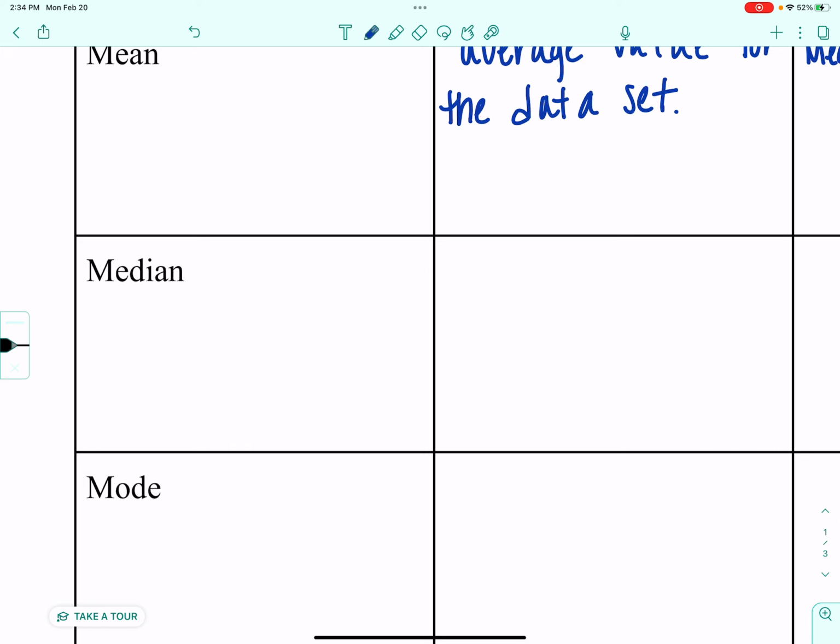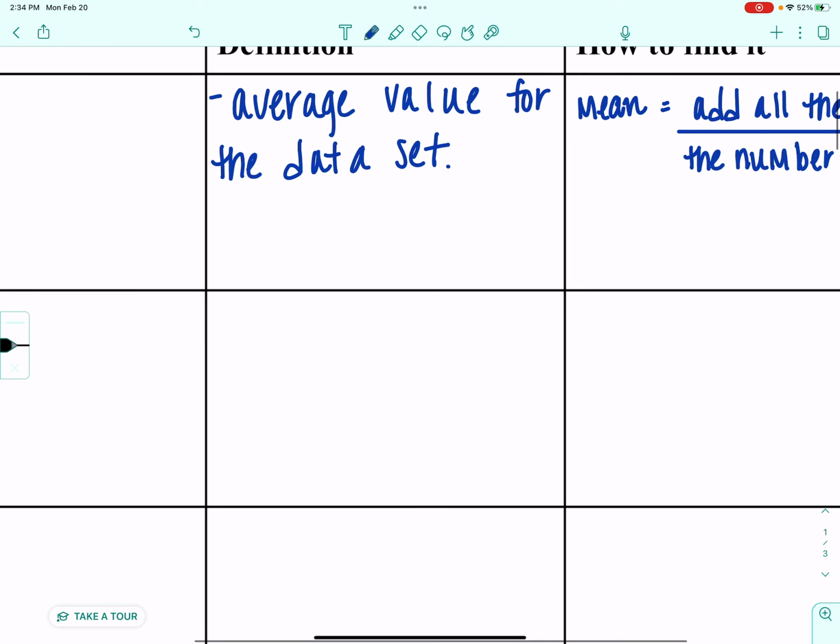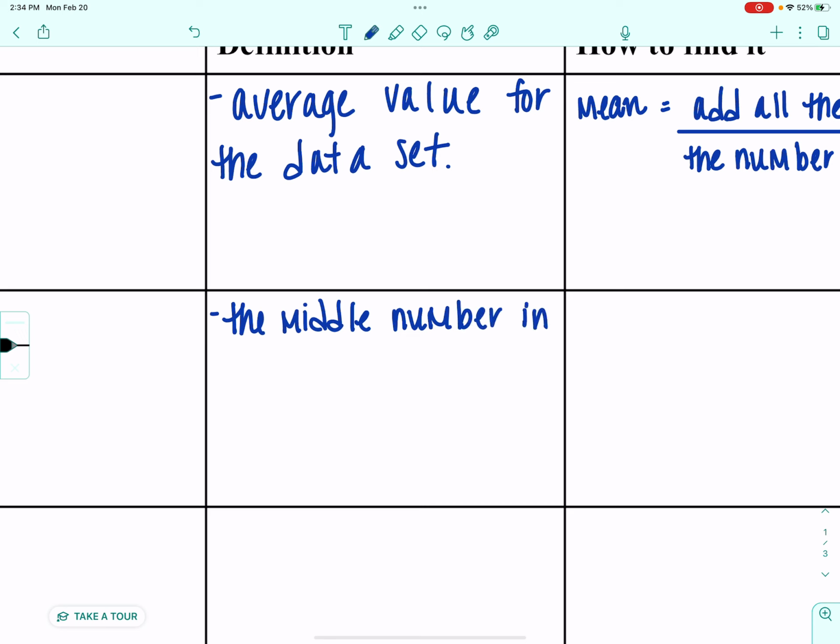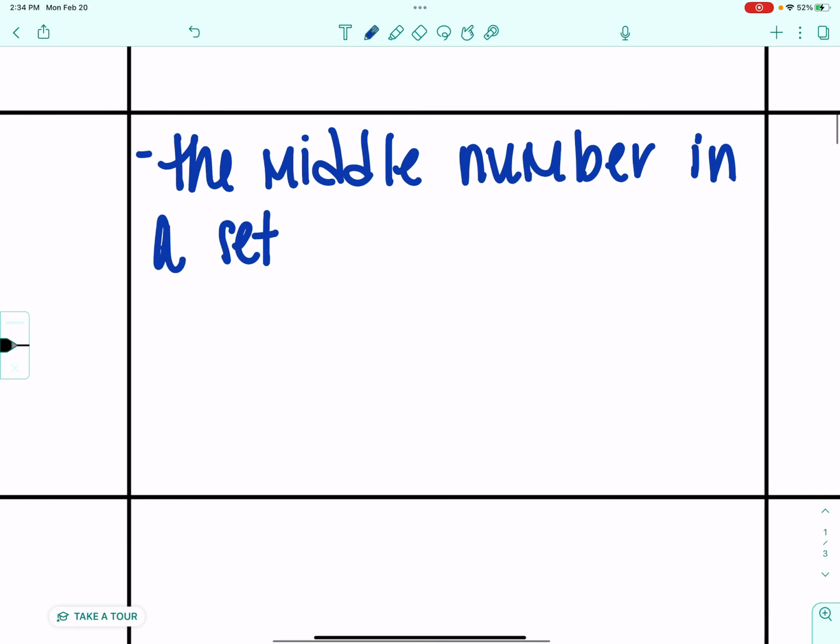The second one we're going to look at is the median. The median is the middle number in a set. But there is a catch. Before you can calculate median, you have to put the set in order.